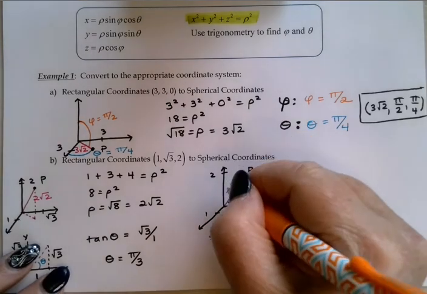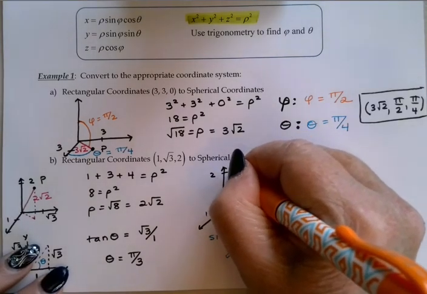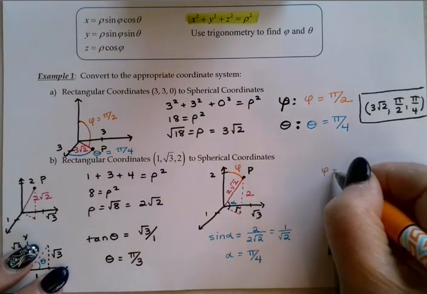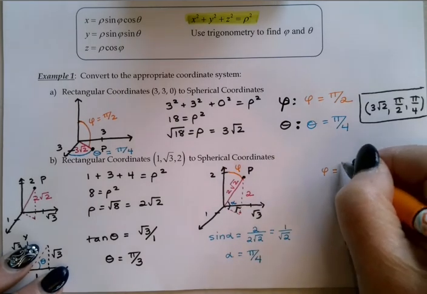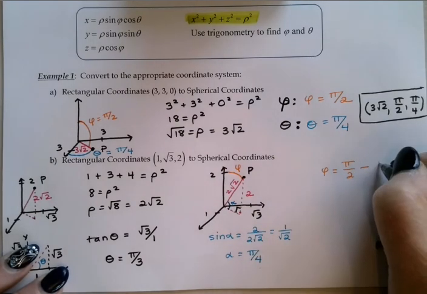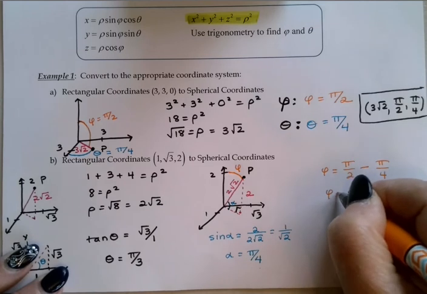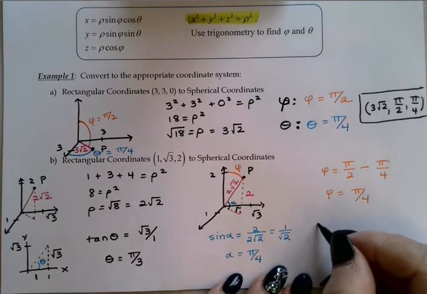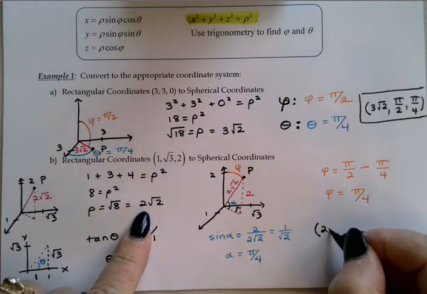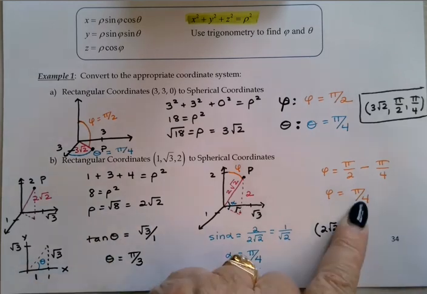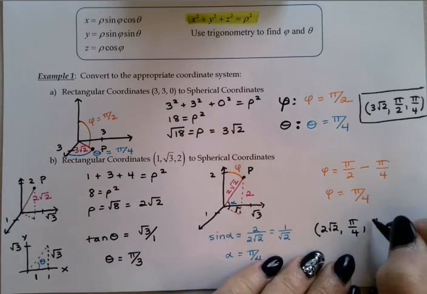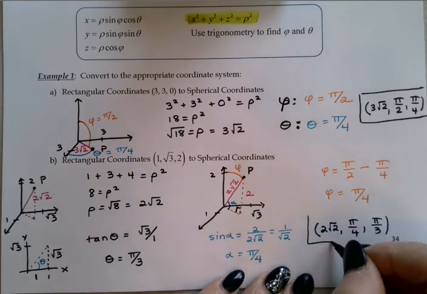Phi, the angle I really want, is the complement of that. So phi would be 90 degrees, or pi halves, minus that pi over 4, which gives me pi over 4 again. So the point that I'm looking at here is rho, 2 square root 2, phi, pi fourths, theta, pi thirds.